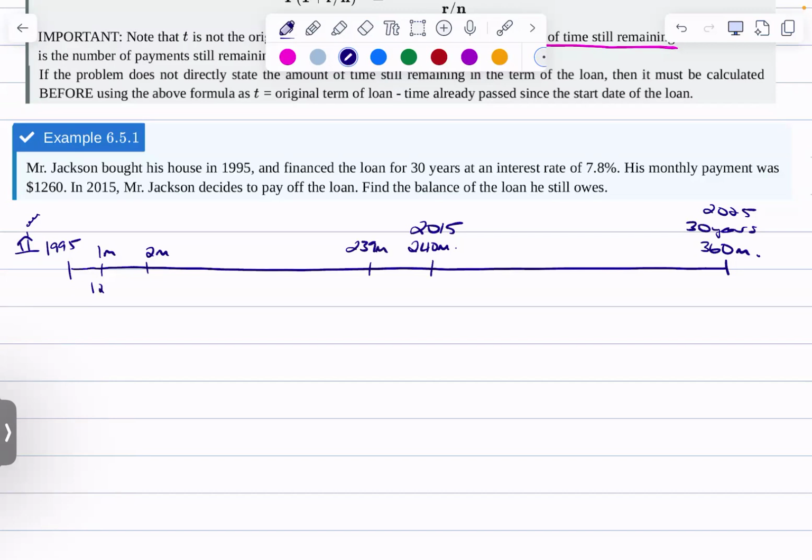And he was paying 1,260 each month. That was his last monthly payment. But he did commit to paying 241 months and so on, all those payments for another 10 years.